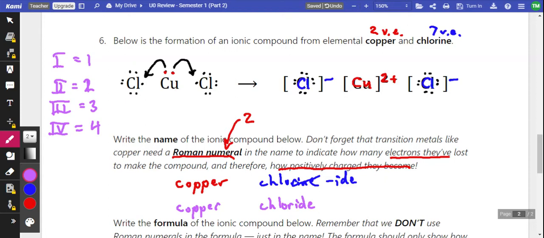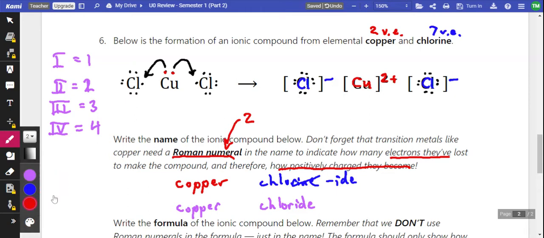V is 5 and VI is 6, but usually we don't get much higher than 4 in this class. If you ever need to know your Roman numerals, just ask or look it up. You don't need to memorize these. You've got enough to worry about with memorizing the polyatomic ions.